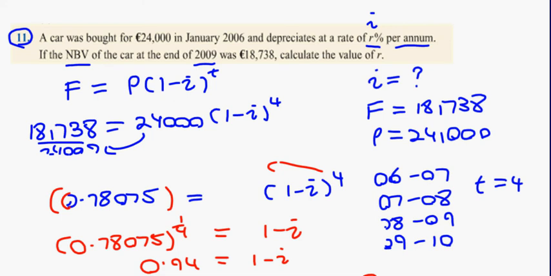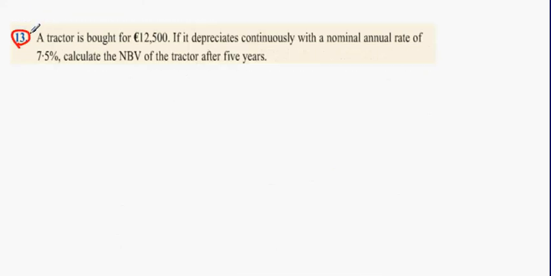Now we're on to question 13. A tractor is bought for €12,500. If it depreciates continuously with a nominal annual rate of 7.5%, depreciates continuously. Okay, so that means that F equals P e to the minus RT. Calculate the NBV, the current value of the tractor, after 5 years. T equals 5. P equals 12,500.